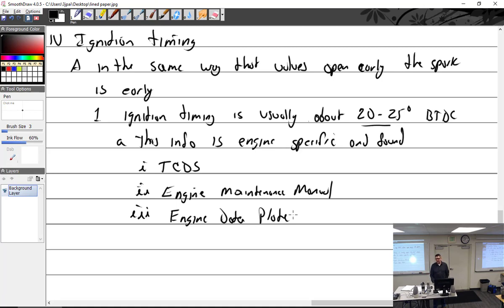There are companies out there where you can just order a new data plate, and the FAA gets really angry about that. You lose a data plate, you're supposed to go to the FAA, explain to them that you lost your data plate. You're supposed to get a letter from the FAA. In fact, you can't get one out of Lycoming or Continental unless you have a letter from the FAA authorizing them to send you a new data plate. So it's a big deal.